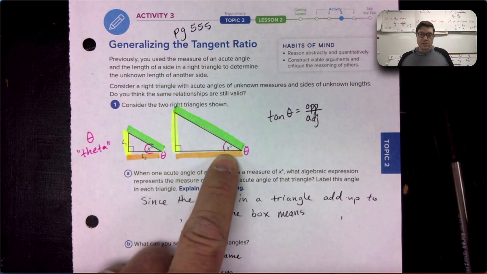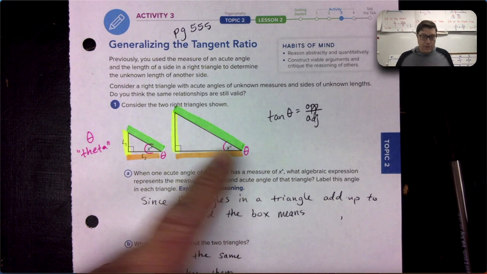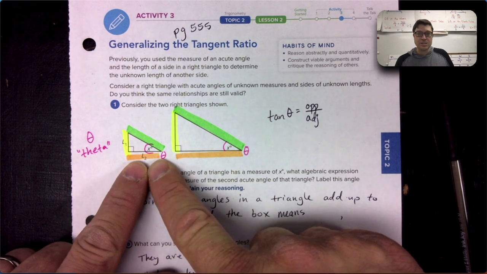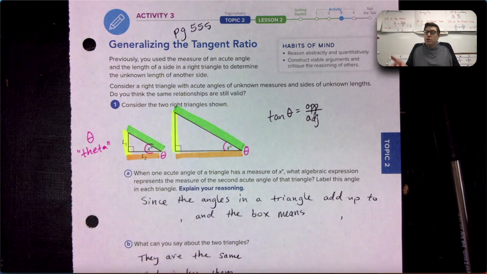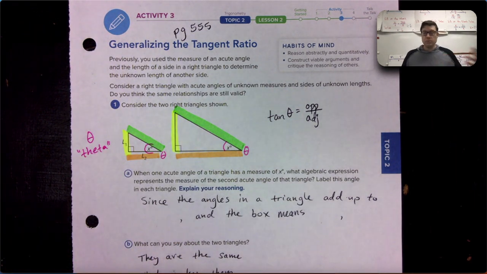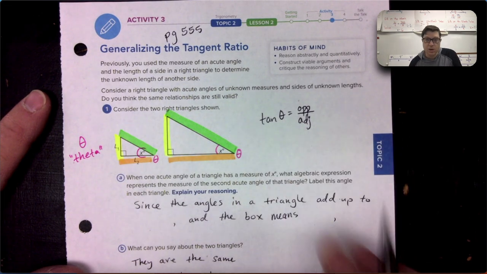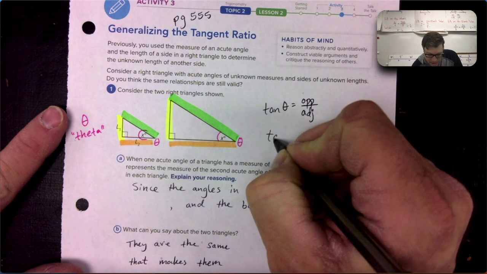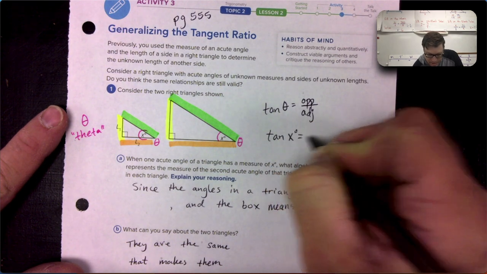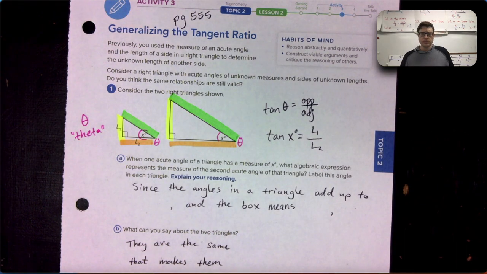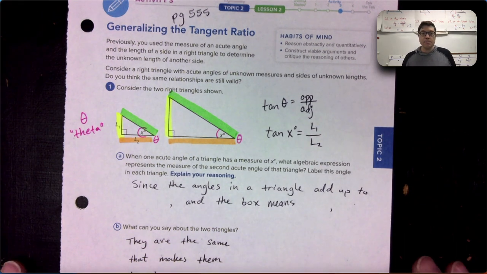In this case, theta is x, the opposite side would be L sub 1, and the adjacent side would be L sub 2. So we can substitute those letters into the tangent equation, and we can write tangent of x degrees equals L sub 1 over L sub 2.